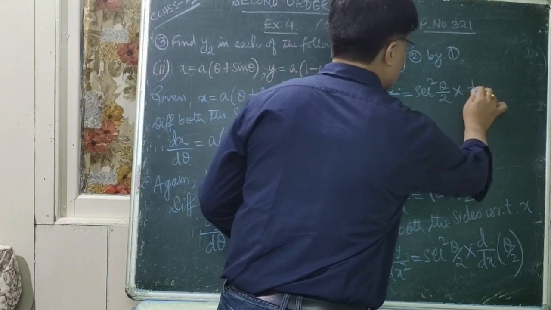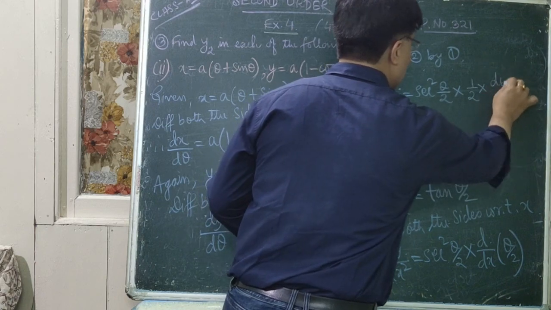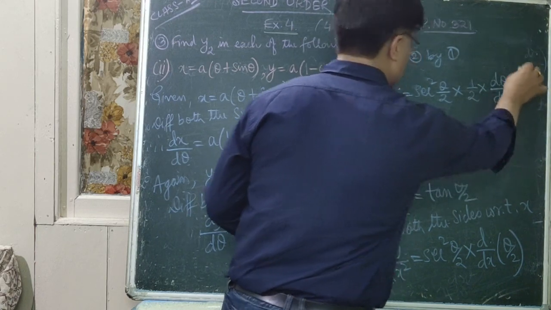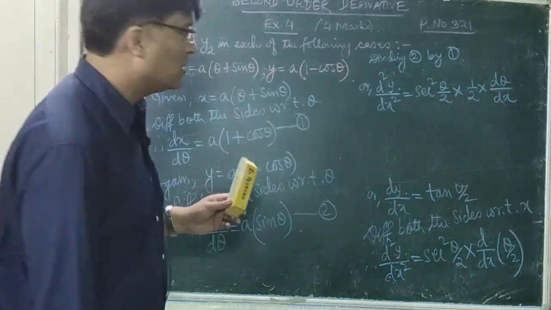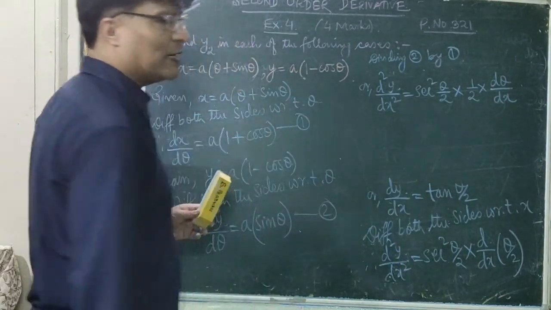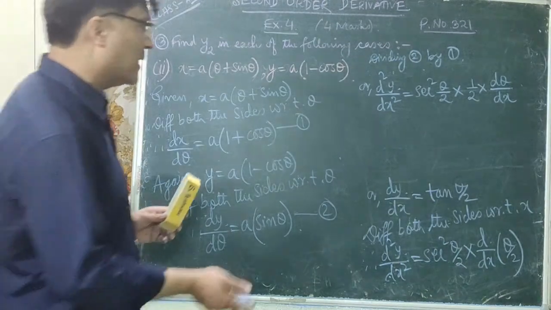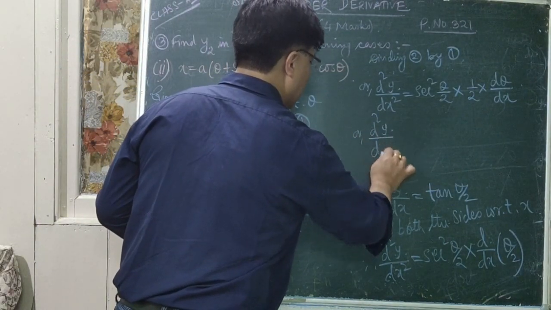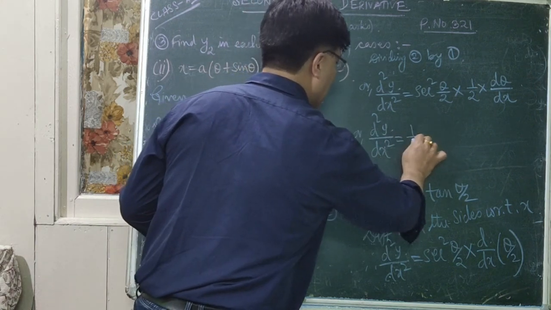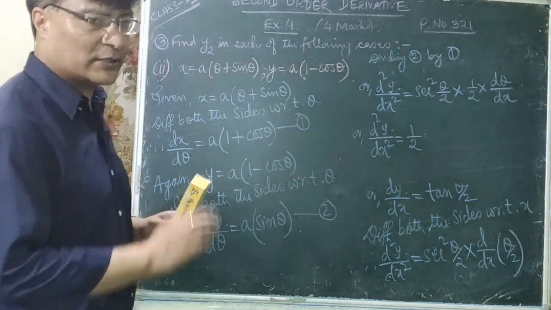Here half is constant into theta differentiation with respect to x, that is d theta by dx. I think you have understood it. Now you have to put the value for d theta by dx on the right hand side again.